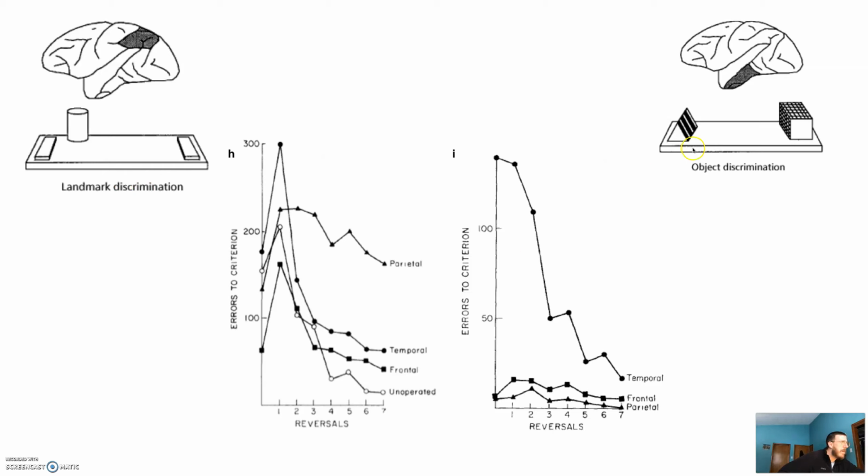So the monkeys in a control condition had a lesion of their temporal lobe instead of their frontal and parietal lobe, and they do this different task.